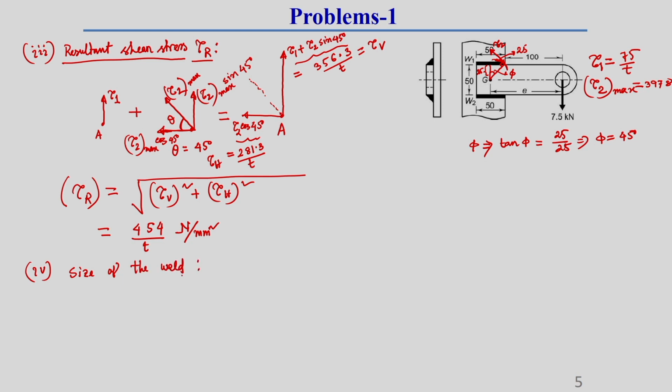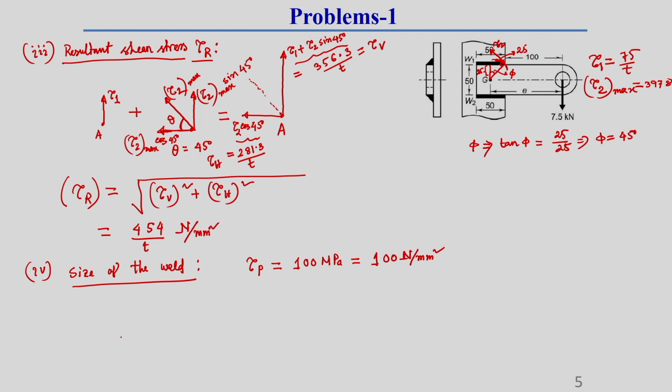For finding out the size of the weld, here we have to use the criteria of principal shear stress. We know the principal shear stress is given as 100 MPa. This we will convert in terms of Newton per millimeter square; 1 MPa equals 1 Newton per millimeter square.